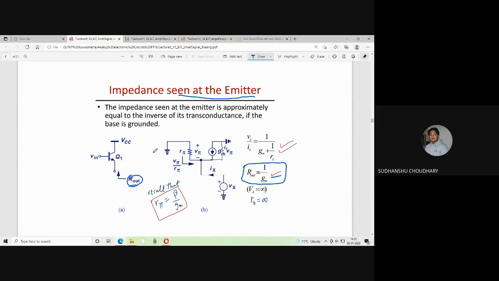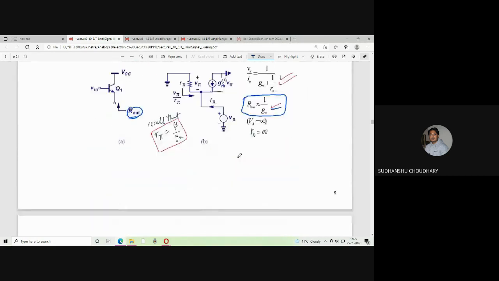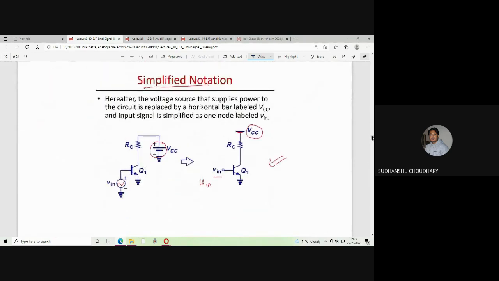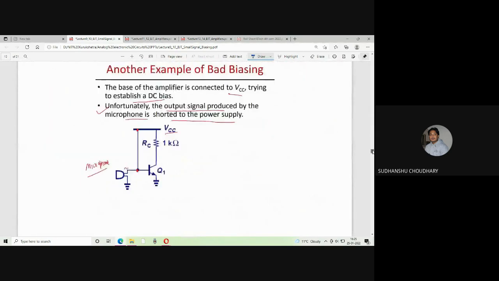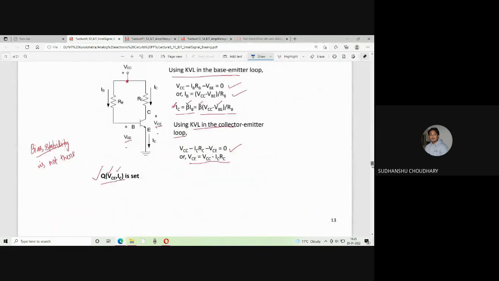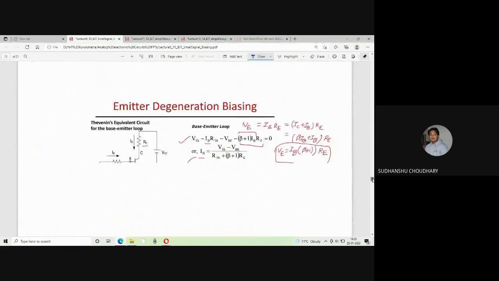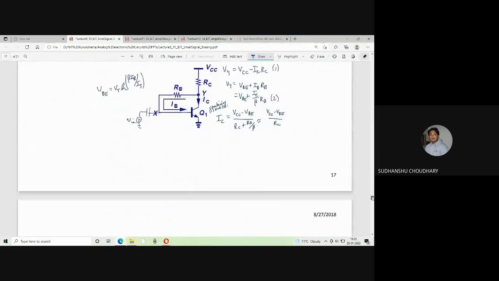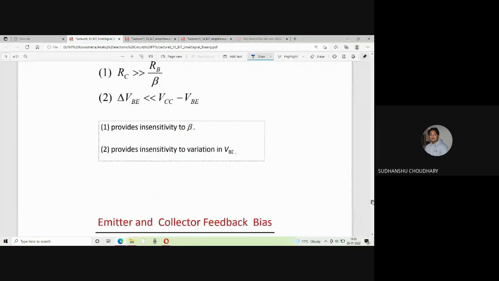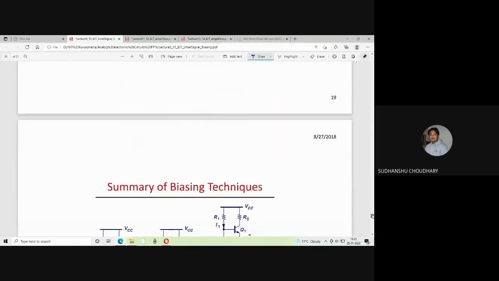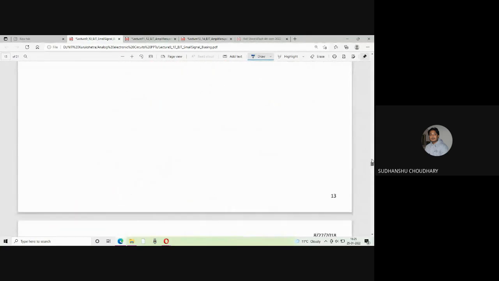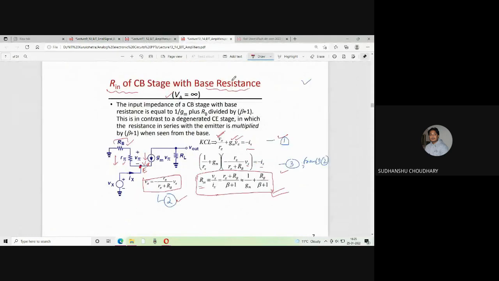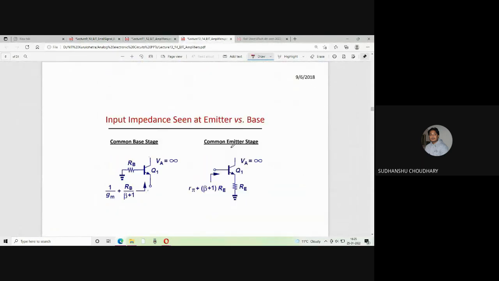And we had calculated it with Rb also. Anyhow, I have written that calculated part.